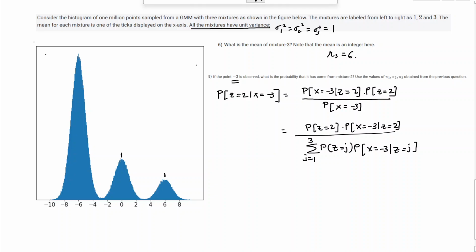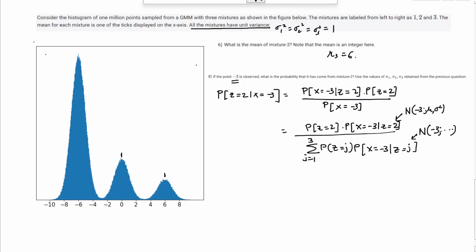So since we have a continuous distribution, right, these probabilities will be replaced by the PDF of the normal, right? So this will be replaced by normal PDF of -3 with mu and sigma square as required. Similarly, this will also be replaced with the PDF of normal, right? So let's do that.